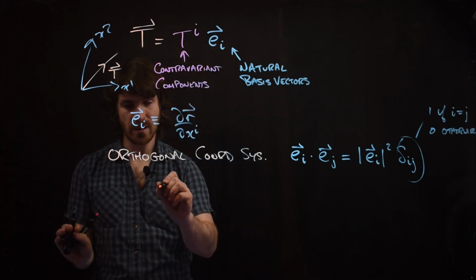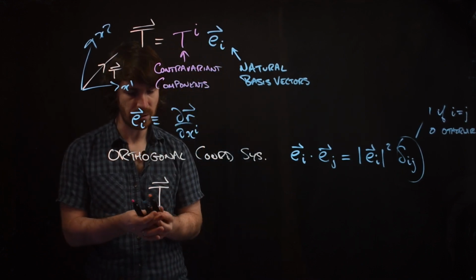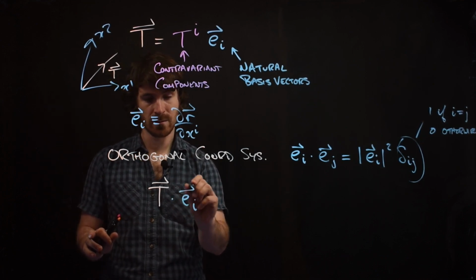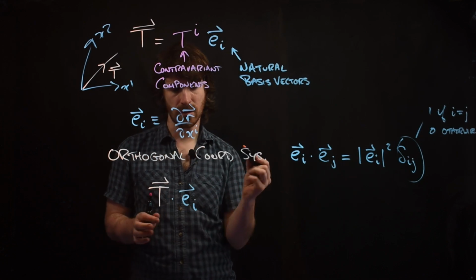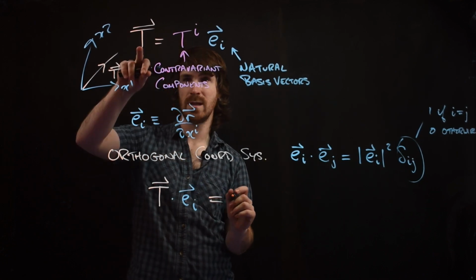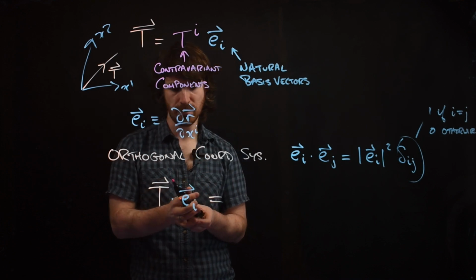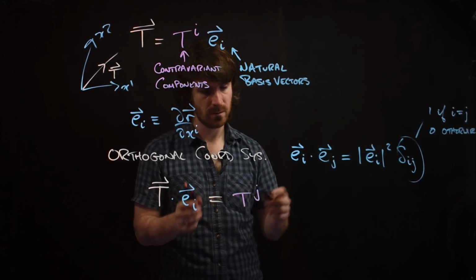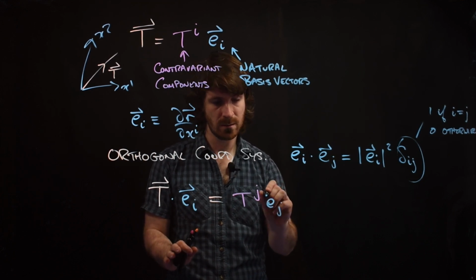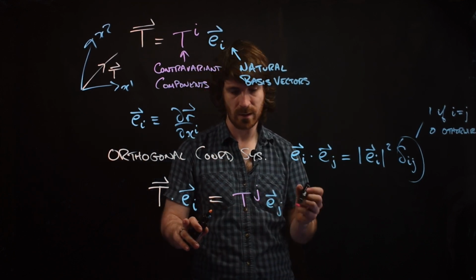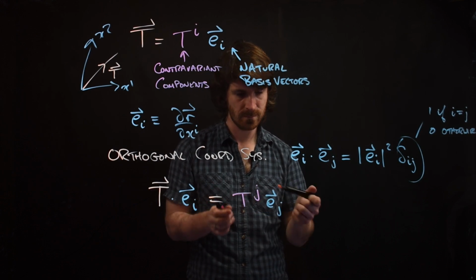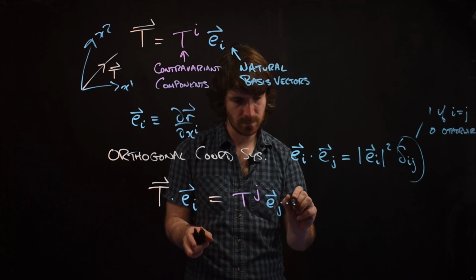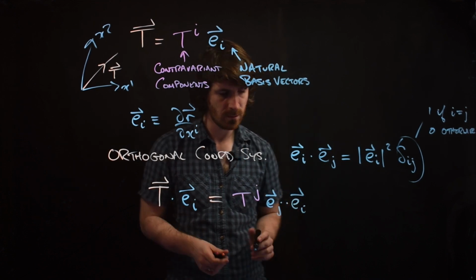So if we have the vector t, then all we do is take the dot product with e_i. Okay, and this equals, if we write what t is in terms of its components and basis vectors, t^j e_j, dotted with e_i.